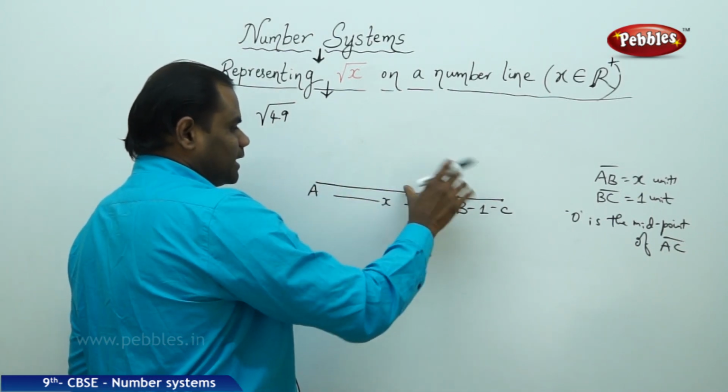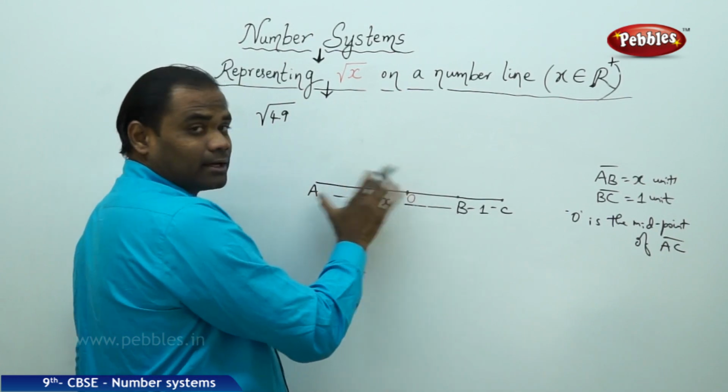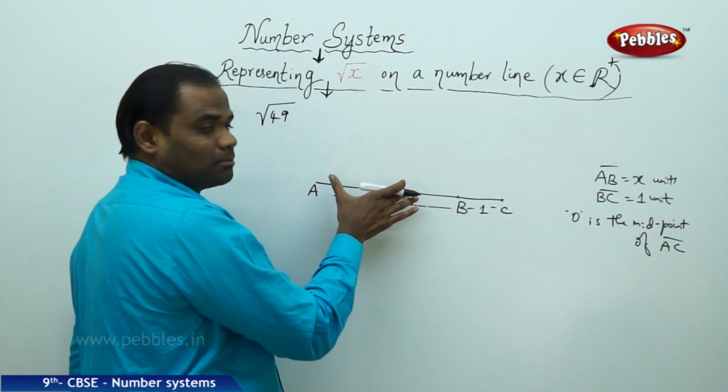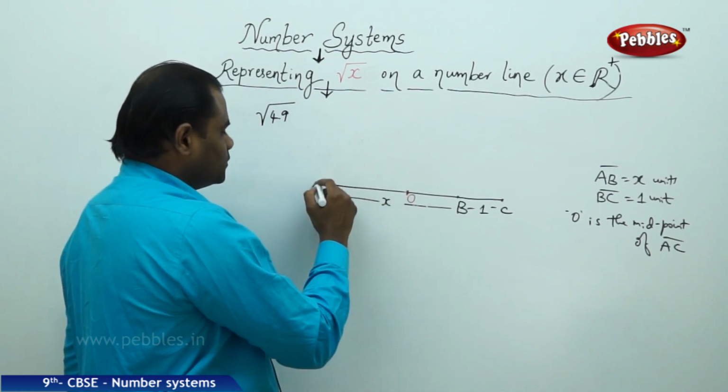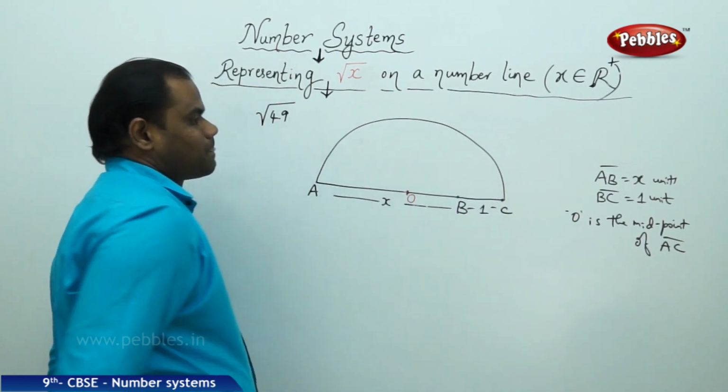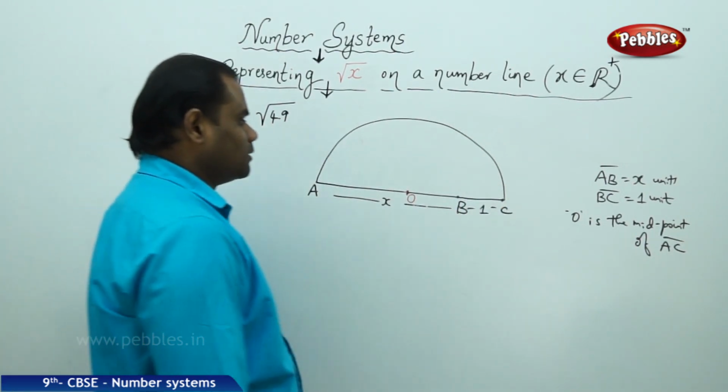I take the length OC or OA and construct a semicircle using the radius from compass O to A. So with radius OA, here is my semicircle.